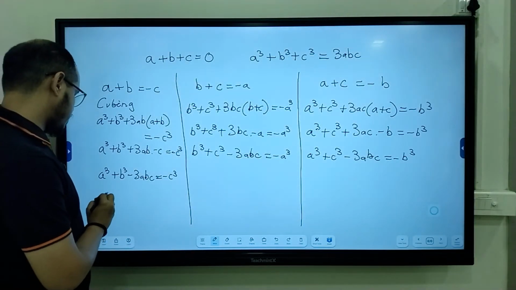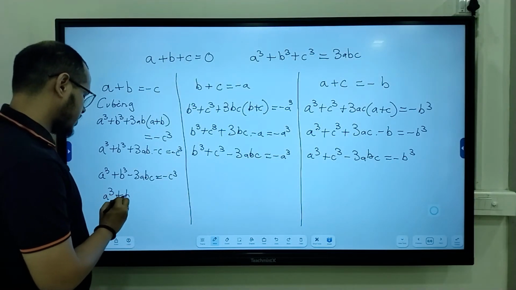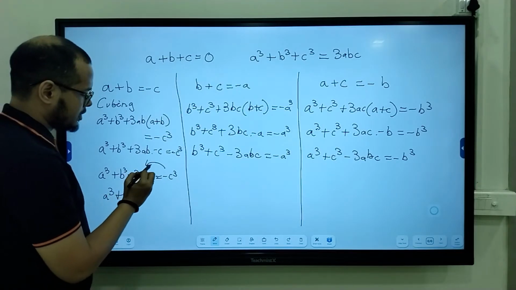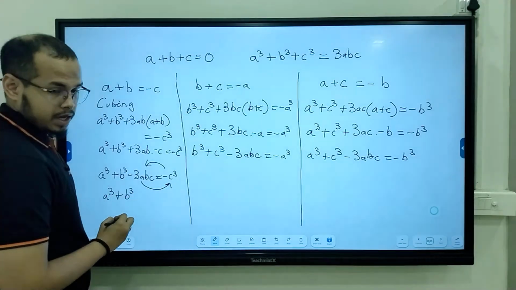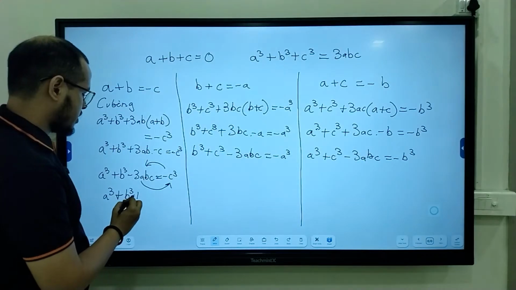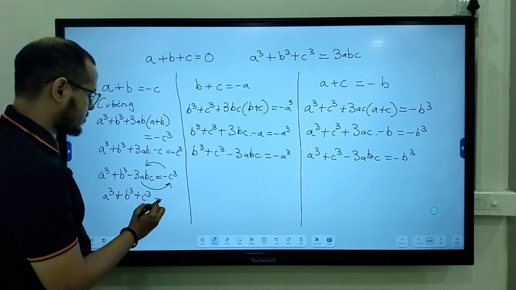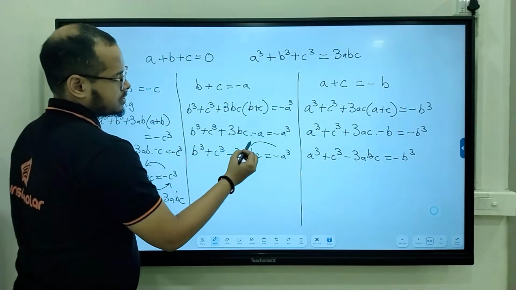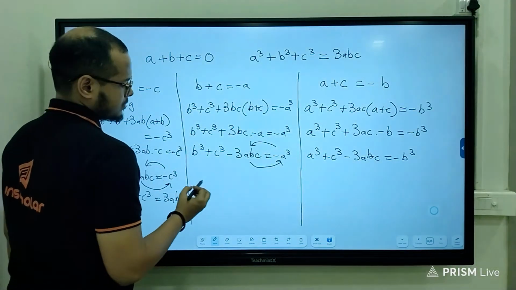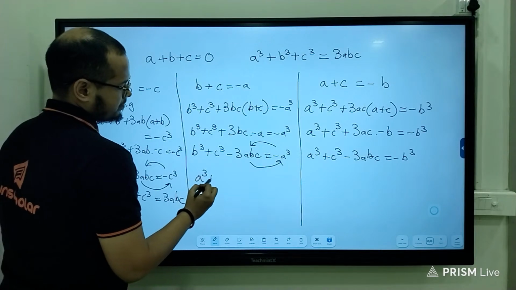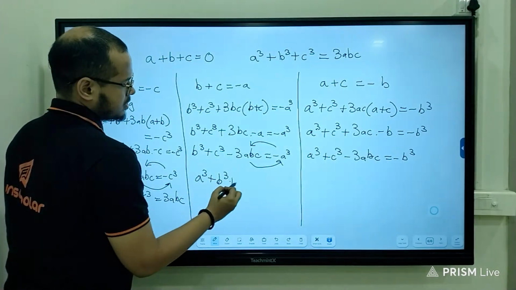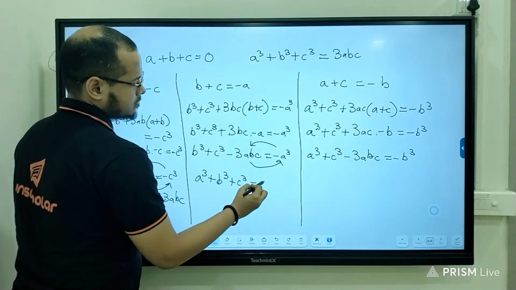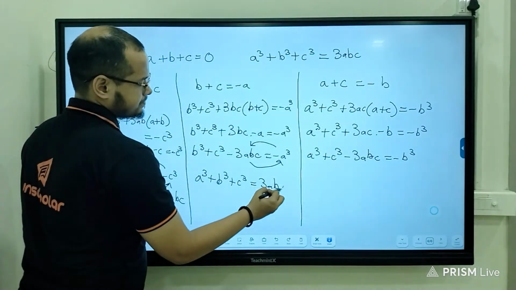So if I am willing to write a cube plus b cube, I bring minus c here and minus abc on the opposite side of the equal to sign. It will become a cube plus b cube plus c cube is equal to 3abc. Similarly, this here and this here, we're getting a cube plus b cube plus c cube is equal to 3abc.